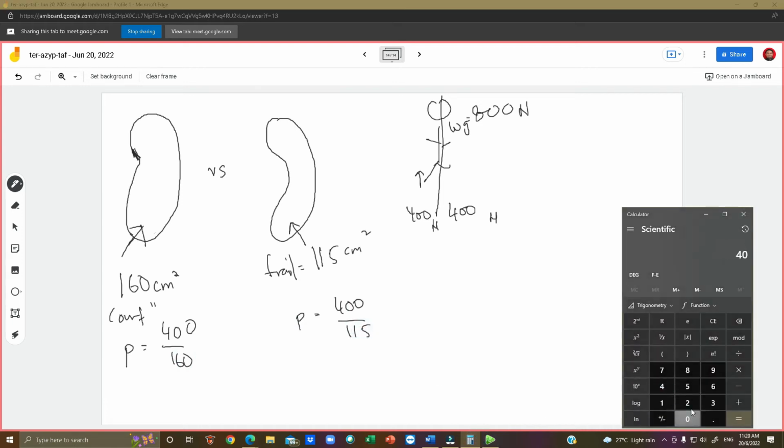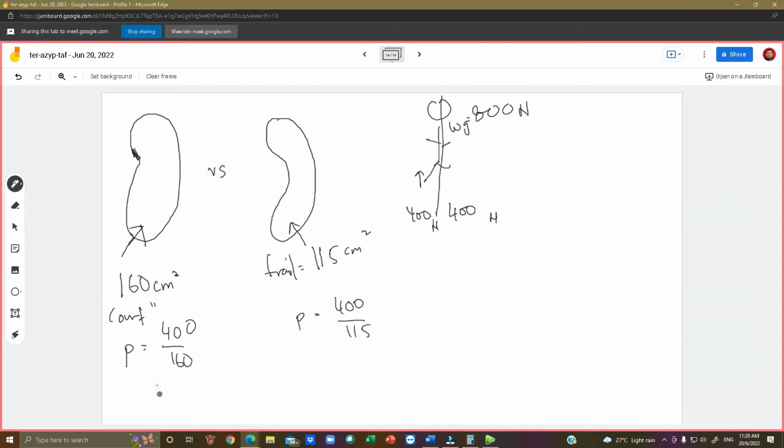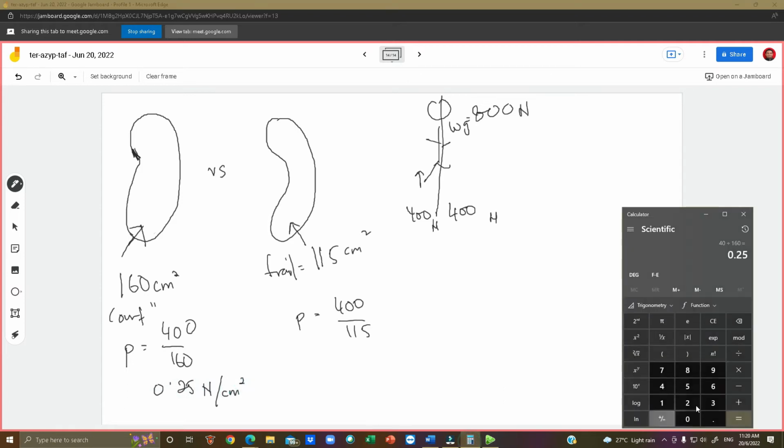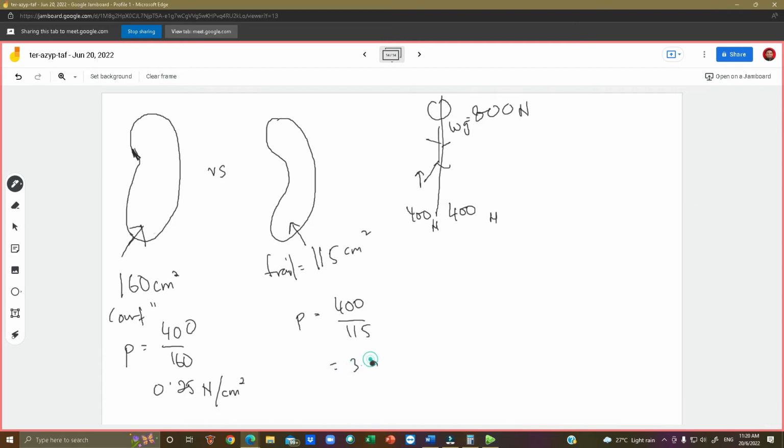So for the court shoe, we have 0.25 Newton per centimeter square at each leg, and for the trail shoe, we have 3.48, 3.5 lah, 3.5 Newton per centimeter square.